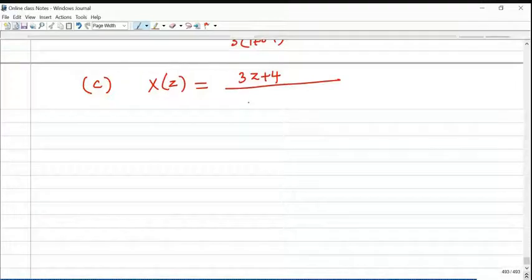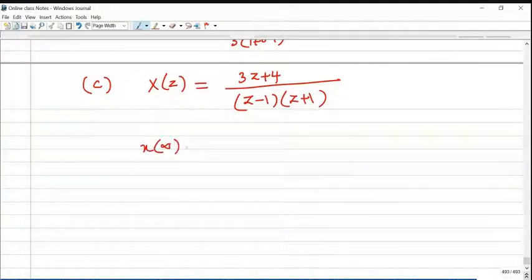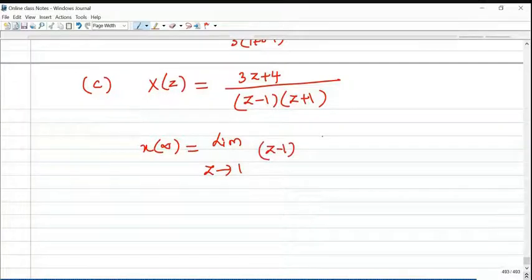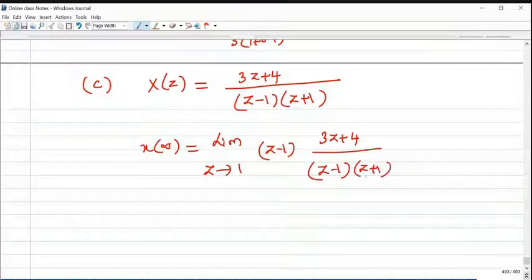(3z plus 4) divided by (z minus 1)(z plus 1). Find x of infinity. Limit z tends to 1, (z minus 1)(3z plus 4) divided by (z minus 1)(z plus 1).